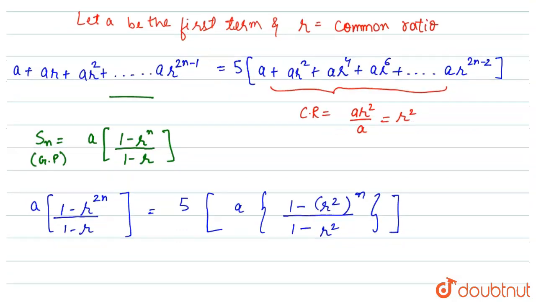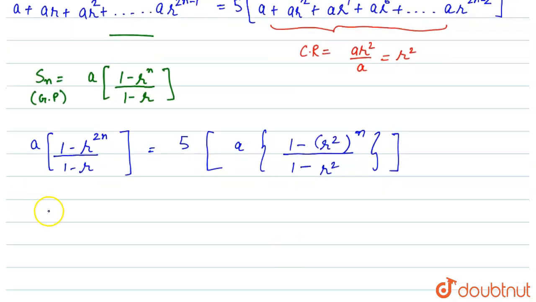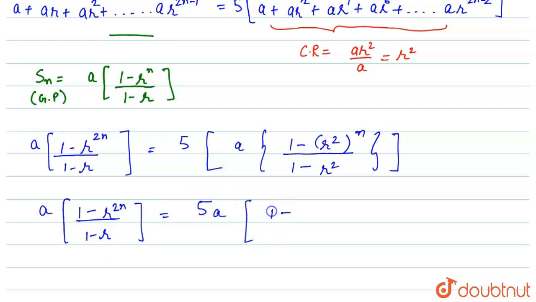Now, solving this further, we get A into 1 minus r to the power 2n upon 1 minus r is equal to 5A into 1 minus r to the power 2n upon 1 minus r square. Now we can write 1 minus r square as 1 square minus r square, so this is the formula of a square minus b square. We can write this as 1 minus r into 1 plus r.